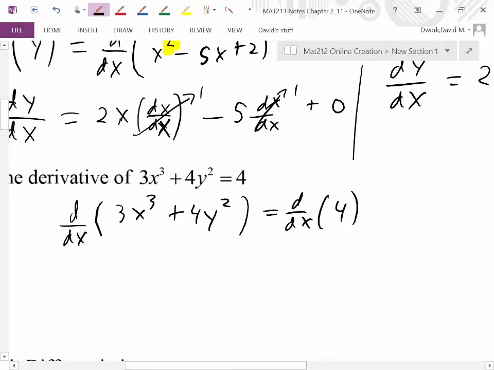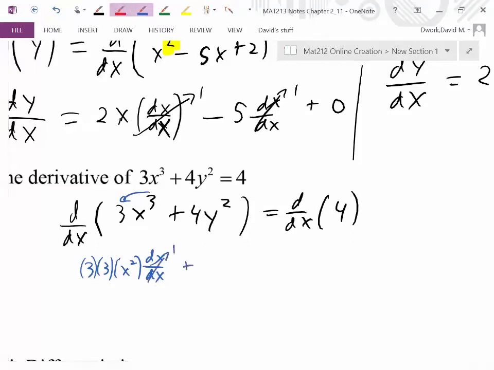When you do your derivatives, you break it into individual parts. So the derivative of 3x cubed would be 3, and then bring the 3 out to the front. So 3 times 3 times x squared dx dx, because of the chain rule part of it, the derivative of the inside is dx divided by dx, so that is 1. Plus, now here's the fun part, here's this part right here.